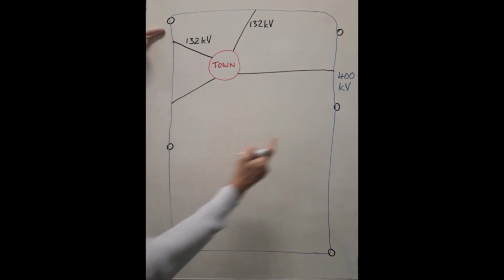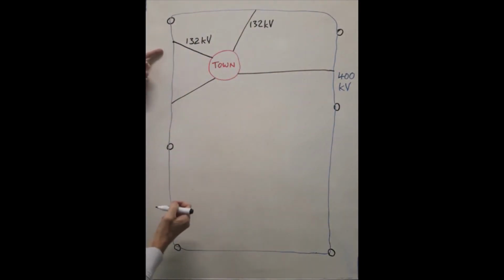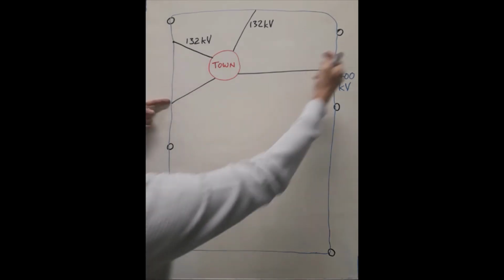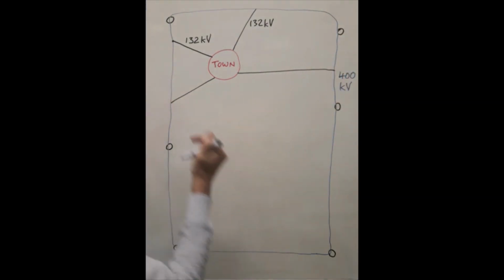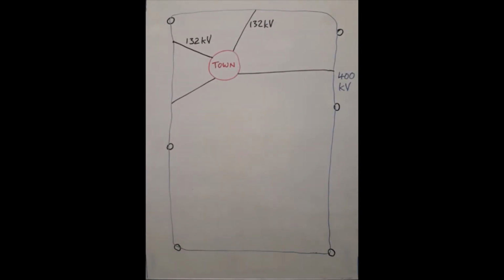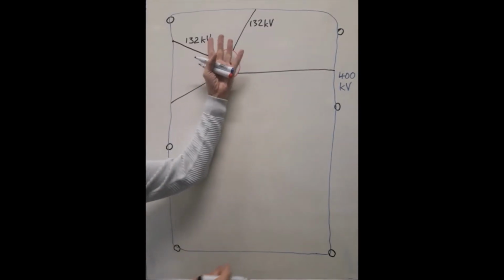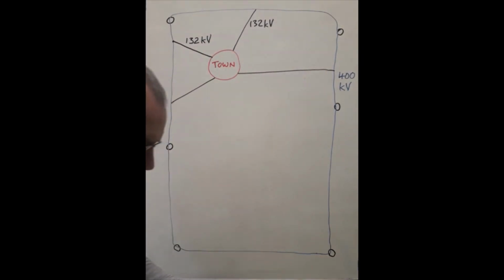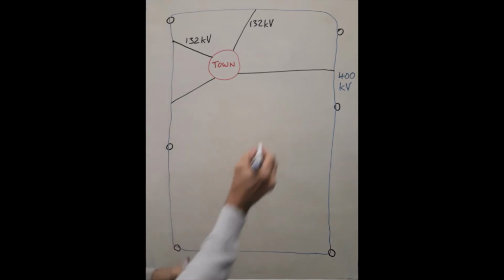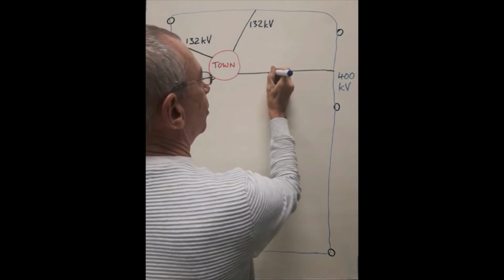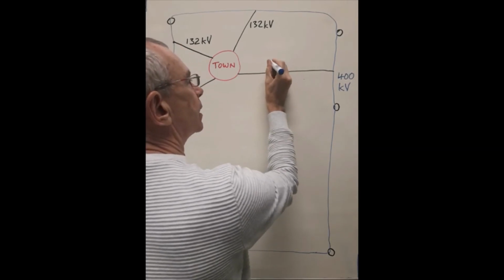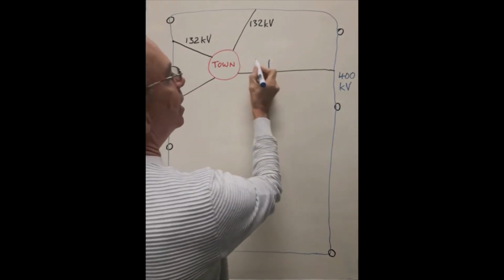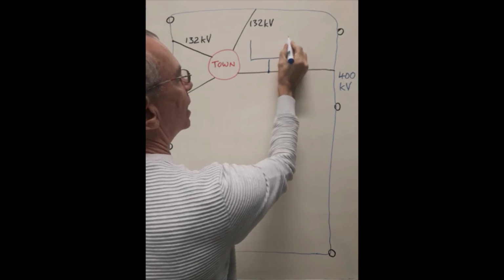To get from the outer 400 kV, we use a transformer at each of these points, and the transformer steps it down to 132. Before we get into the town, let's just have a look at what may happen along here. There may be heavy industry, and at some point we may take another transformer and we may supply heavy industry.